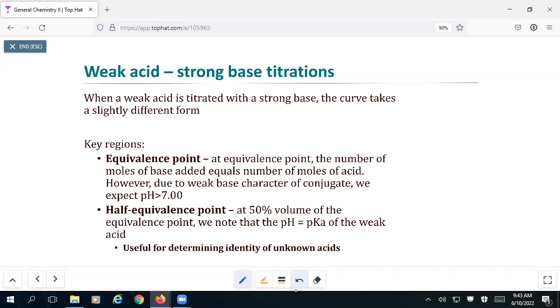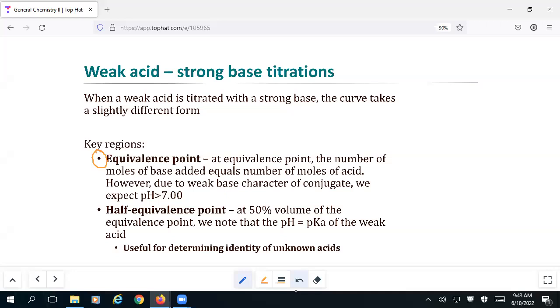But what's of real importance to us is the fact that at the equivalence point, we're still looking at equal molar amounts of base added to acid present. But because that acid is weak, we know that its conjugate base is not neutral.